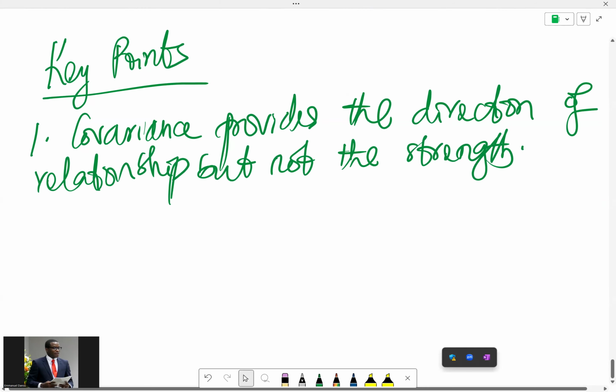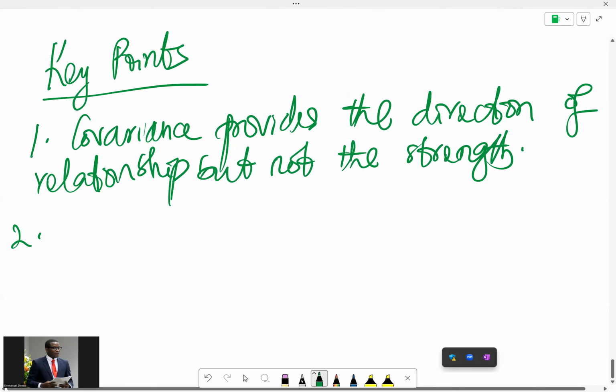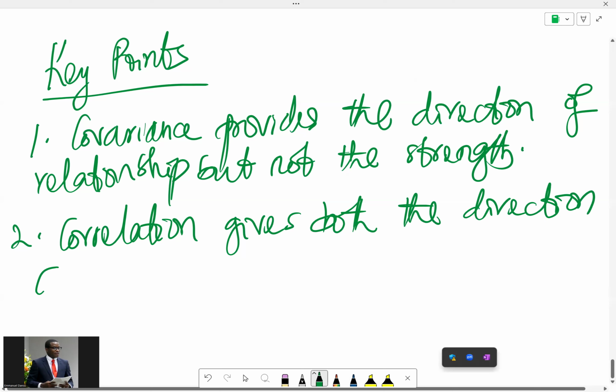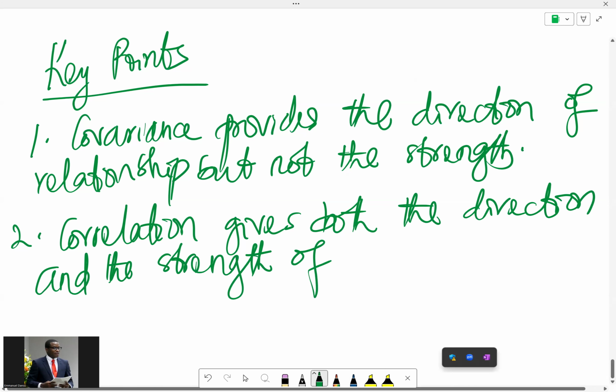Covariance just tells us direction. Two, correlation gives both the direction and the strength of the linear relationship.